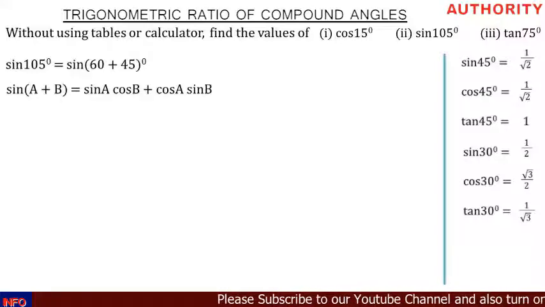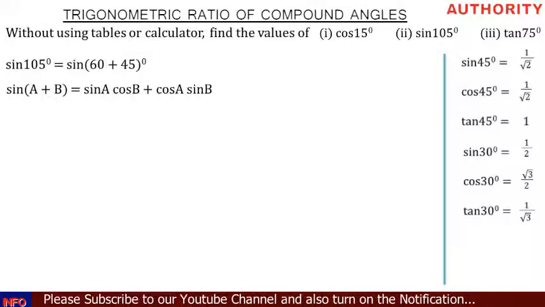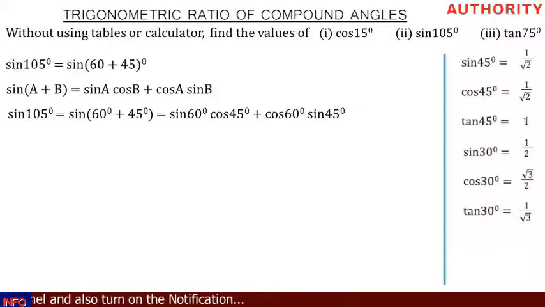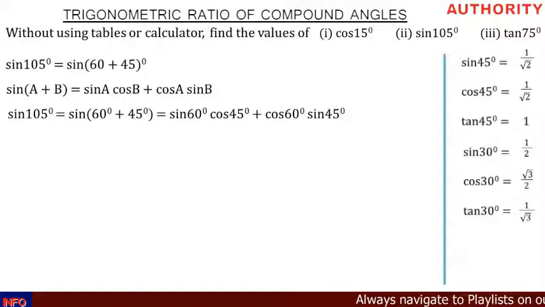In that lesson, we say that sine A plus B is equal to sine A cos B plus cos A sine B. In this case, we can take 60 to be A and 45 to be B. So sine 105 degrees is equal to sine 60 degrees cos 45 degrees plus cos 60 degrees sine 45 degrees. Is that true? Yes.